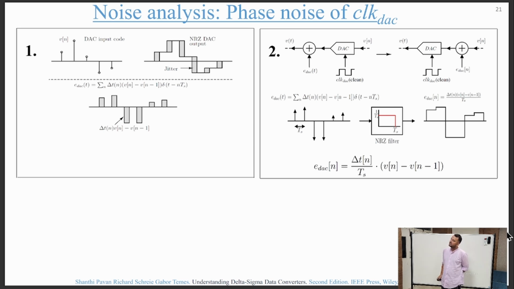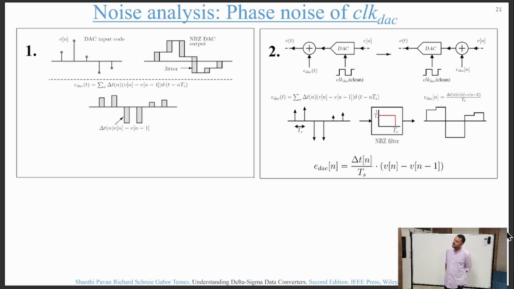Suppose we are getting the DAC input code as shown in the first block. In the case of an NRZ DAC, we will get pulses like that.